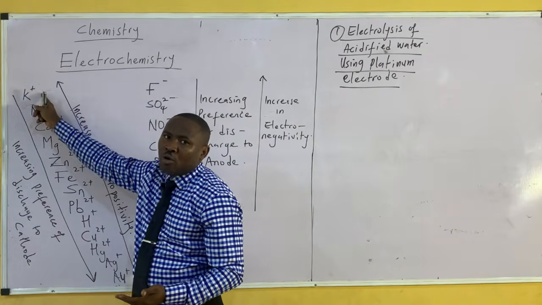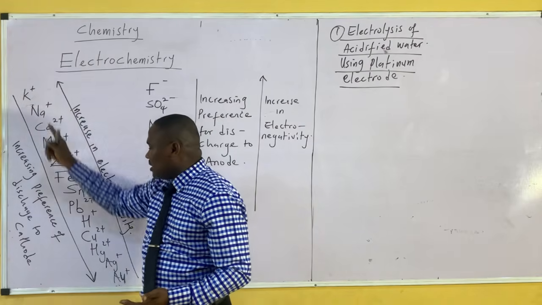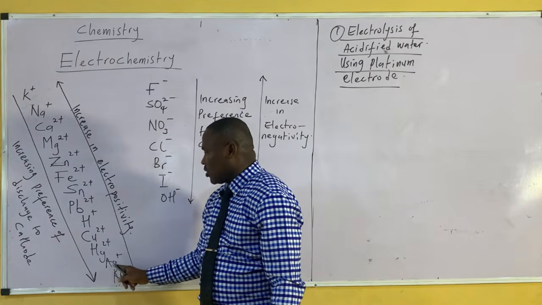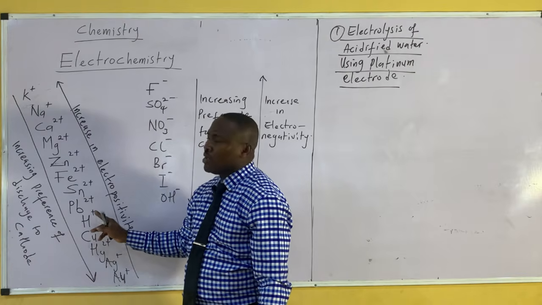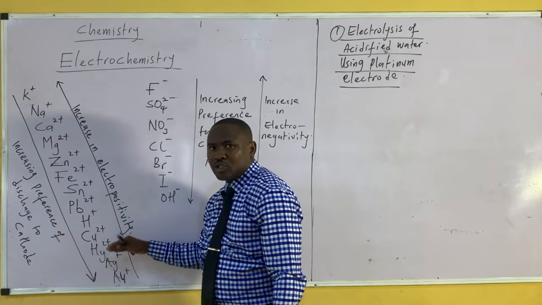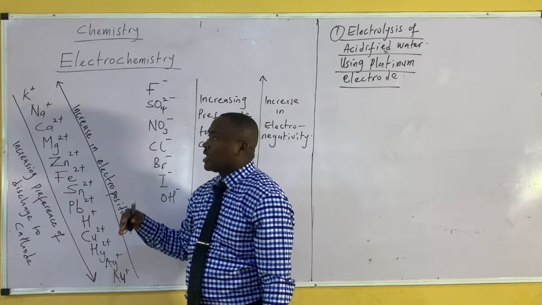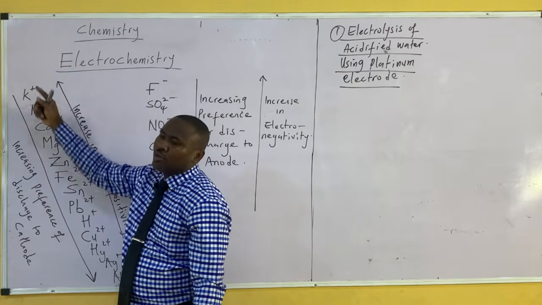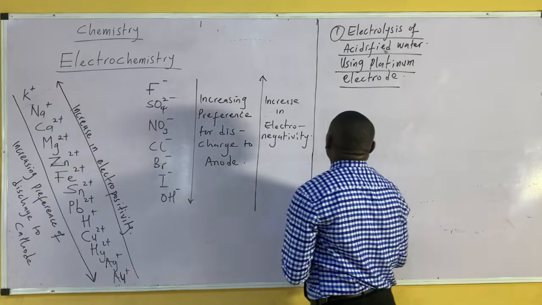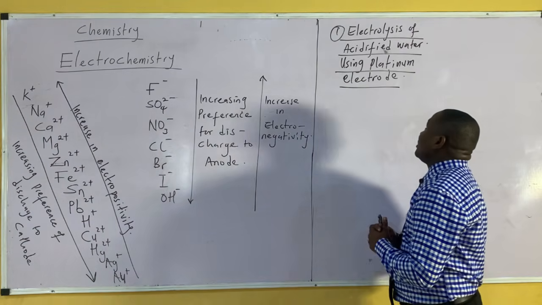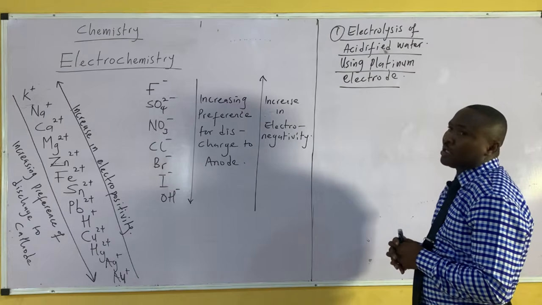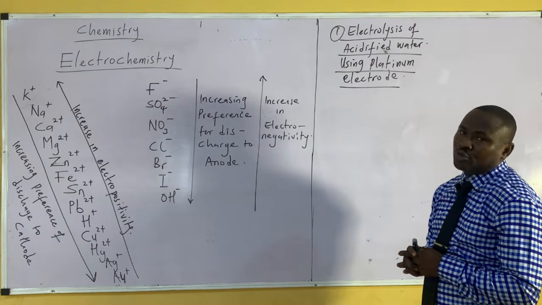Potassium is more electropositive than gold or silver or hydrogen, but these ones below have more tendency to be preferentially discharged over those above. Now let's look at a good example of electrolysis of acidified water using platinum electrode.